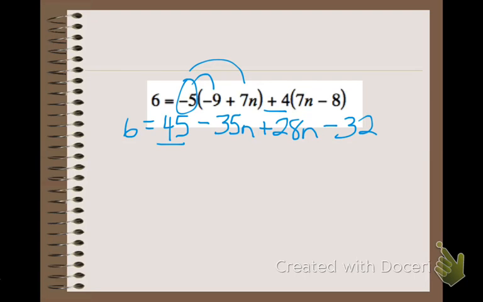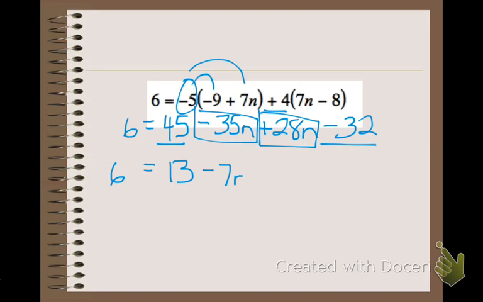Combine like terms. 45 minus 32 is 13. Negative 35 plus 28 gives me negative 7n.